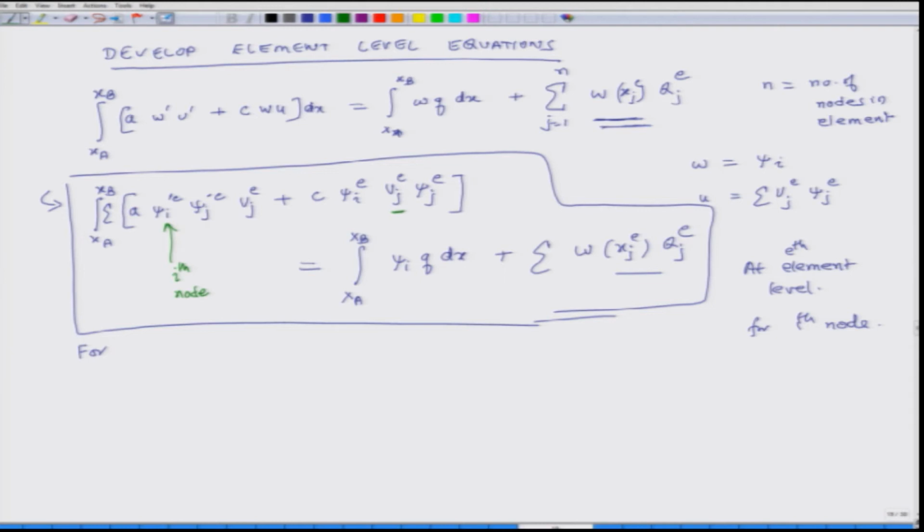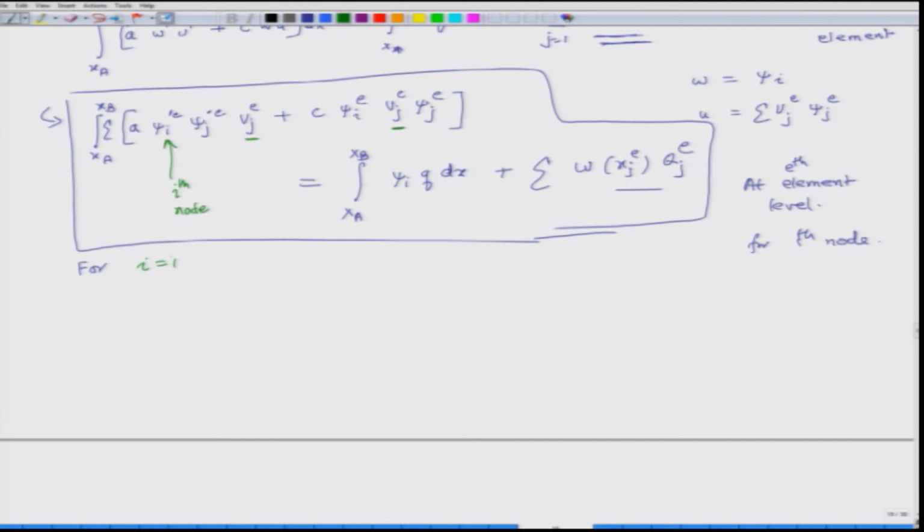U j is the unknown. Psi I we know, since we have discussed and developed the nature of the interpolation functions earlier. U j is something we do not know. So there will be two U j's, U1 and U2, as unknowns, and two equations corresponding to I equals 1 and I equals 2. We will make it more explicit.